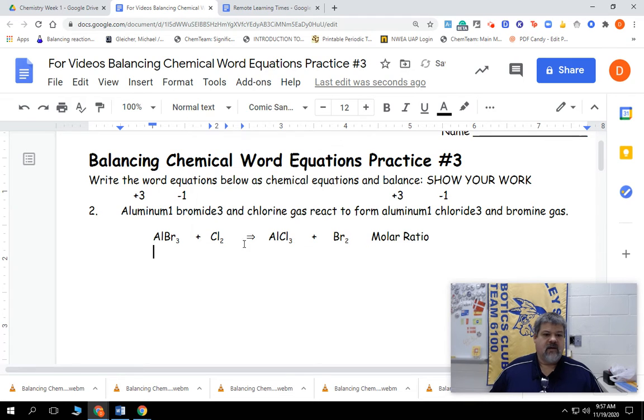Okay, so we're going to tab over to the center here. I have no polyatomic ion, so I don't have to keep those together. So I have the single elements.